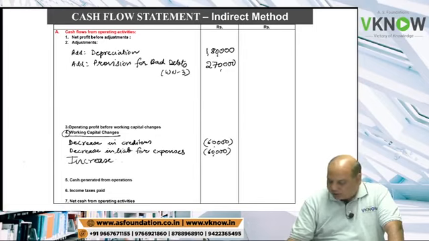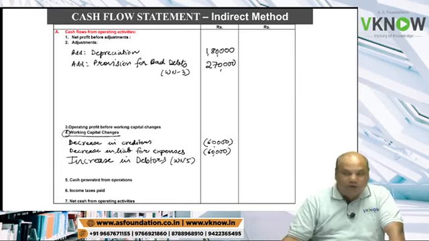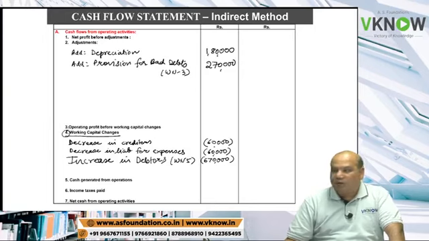Student will guide me. Increase in debtor, decrease in cash flow or increase in cash flow? Working note 5. Increase in debtor is decrease in cash flow. Increase in current asset, decrease in cash flow. So this completes my debtors and provision for bad debt related adjustment.